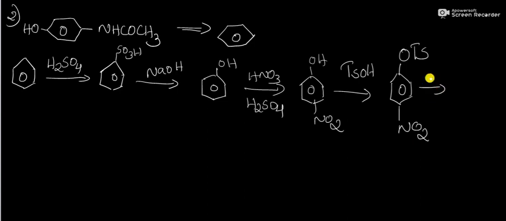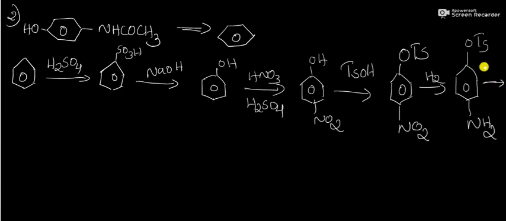Then on reduction, the NO2 group will be reduced into NH2, which on treating with a simple acylating agent like acetic acid will convert it into NHAc, acetanilide.